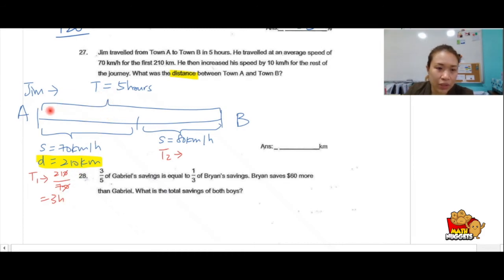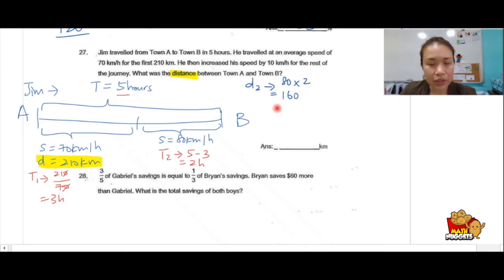Now, if the first part is 3 hours and the total time is 5, the second part of the journey will be 5 minus 3, which is 2 hours. With that, we will be able to find the distance for the second part, D2, speed times time, 160 kilometers. So now we are able to find the total distance.